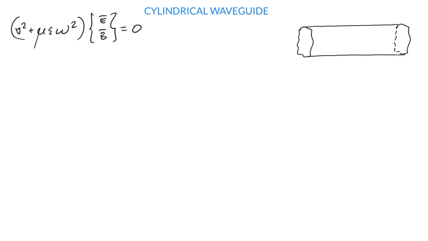We will use the boundary conditions for a perfectly metallic waveguide with conductivity tending to infinity. So that will be the tangential component of the electric field at the surface of the waveguide being 0, and same thing for the normal component of the magnetic field.